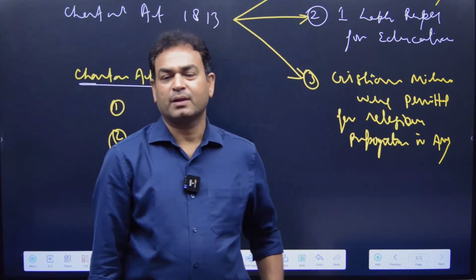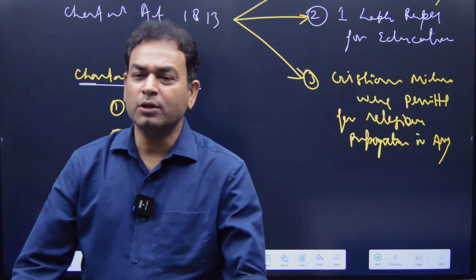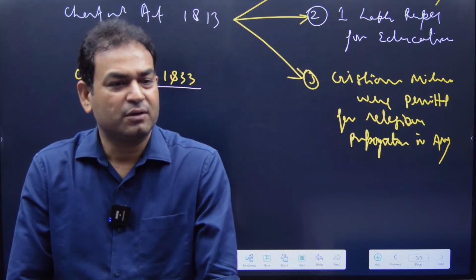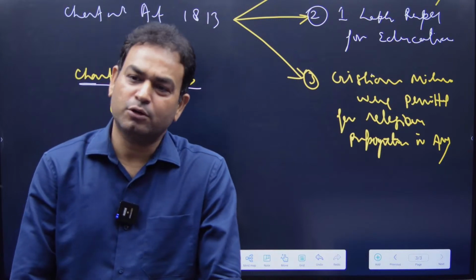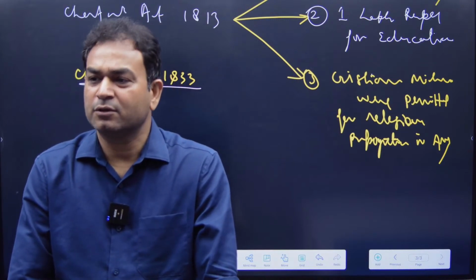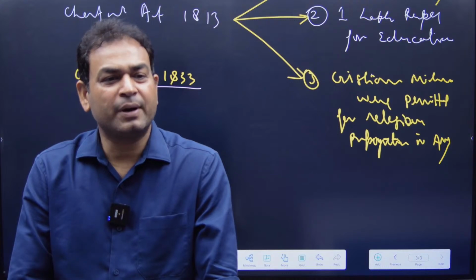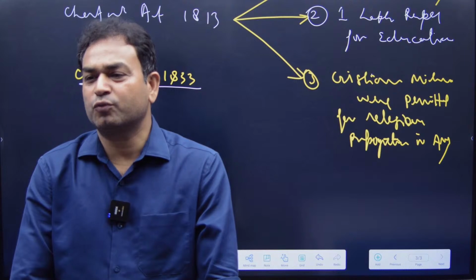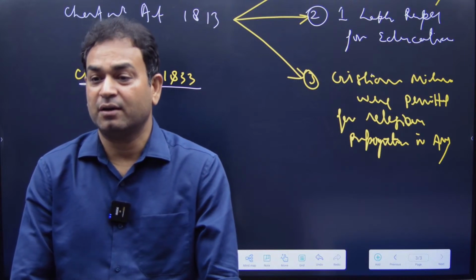Number one, all the presidencies lost their autonomy. After combining all the presidencies, a new entity was formed, British India.